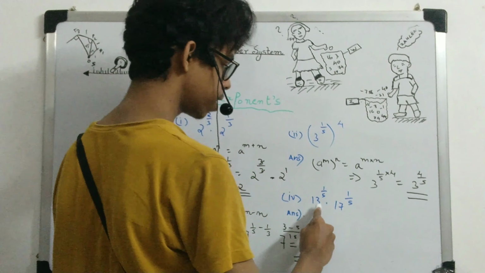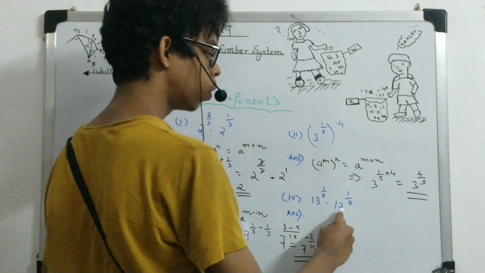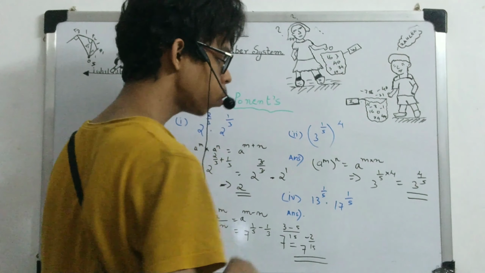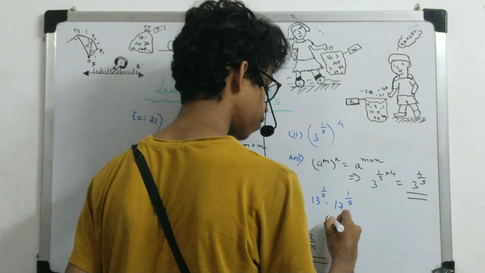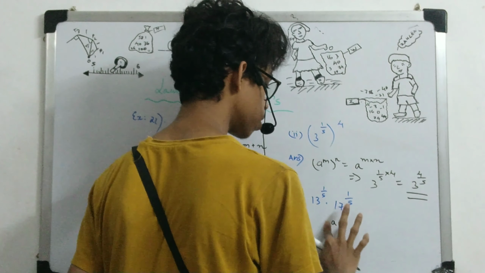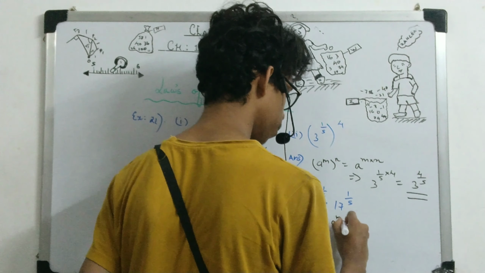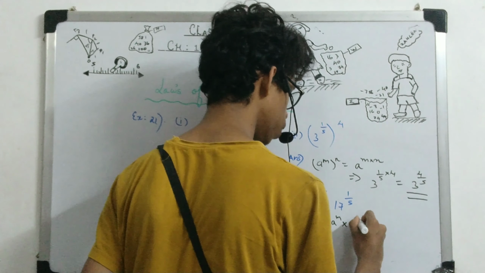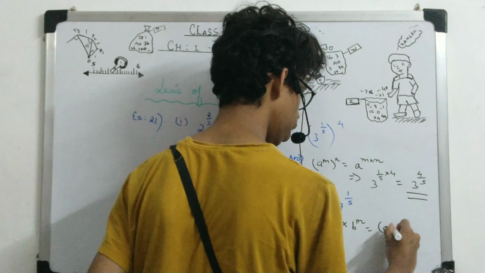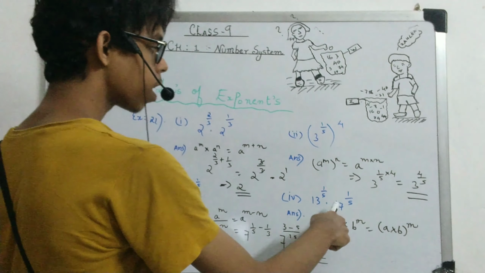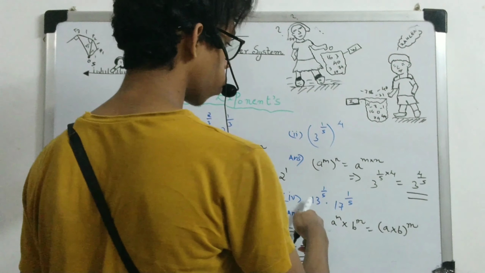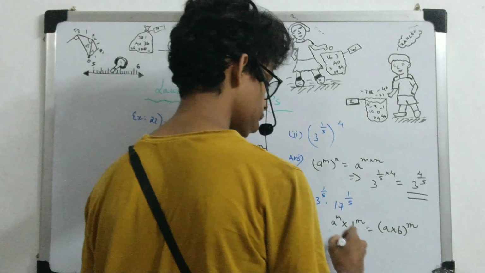Okay, so our next question is 13 raised to 1 by 5 into 17 raised to 1 by 5. Here also we notice the identity that we have to use: a raised to m into b raised to m is equal to a into b the whole raised to m. If the bases are different but the powers are the same, we can always multiply the bases.